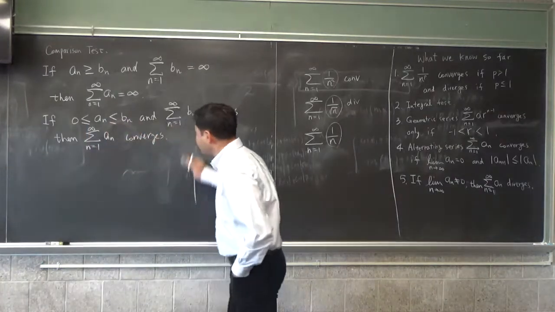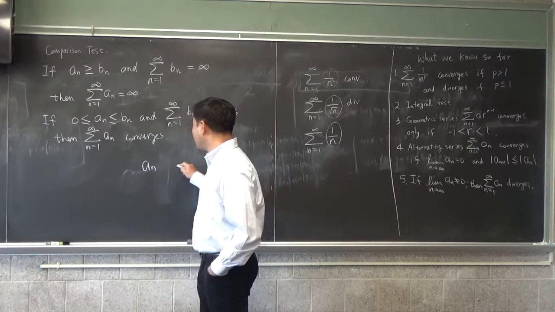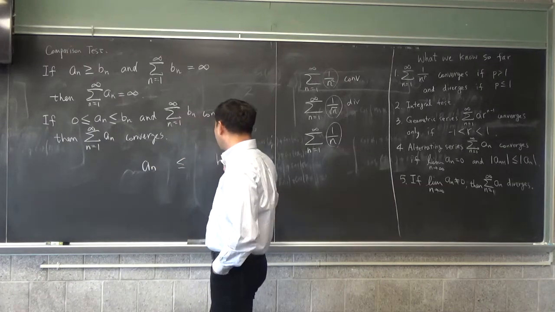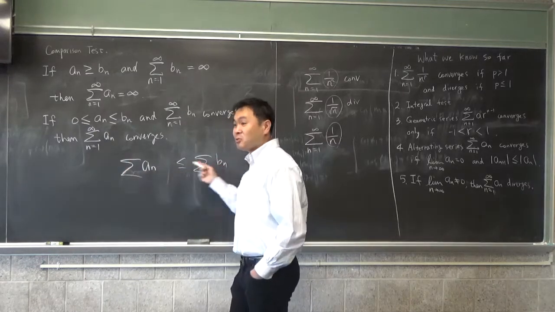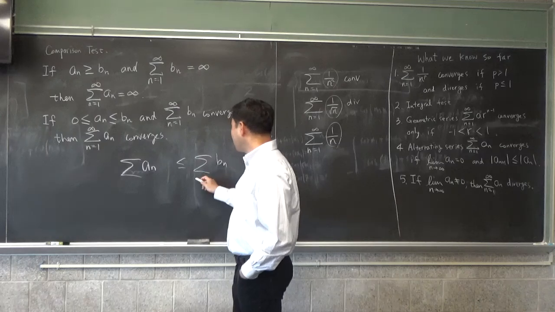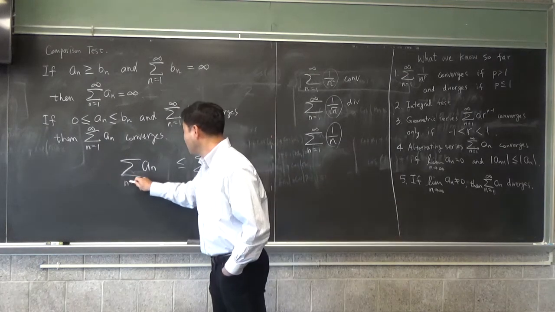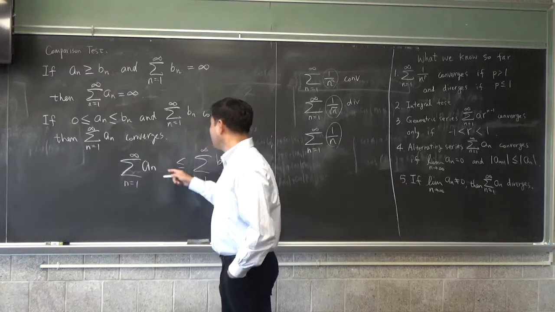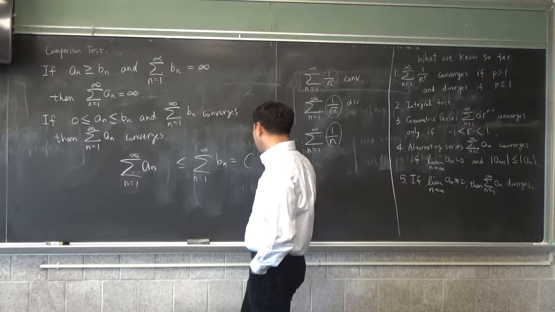Okay. Yeah, so what I'm really trying to say is that if an is less than bn, then if you add them up, it will still be true, right? So if that's true, then this will be true, and this is some finite number, let's just say c.